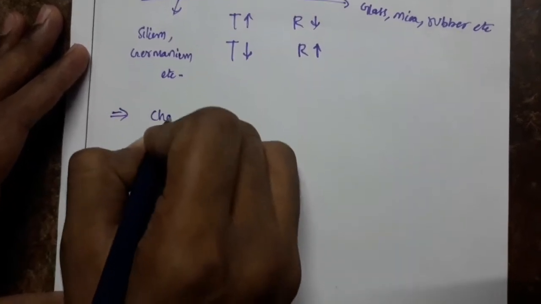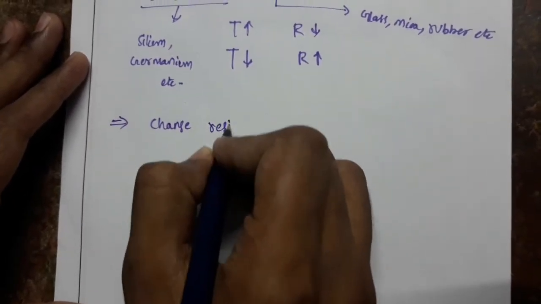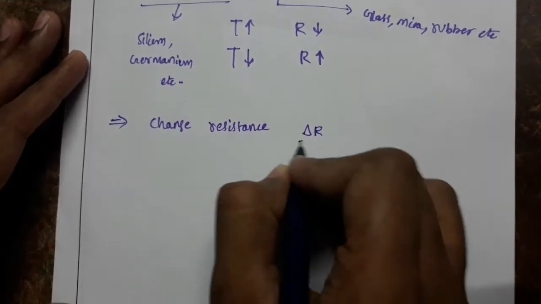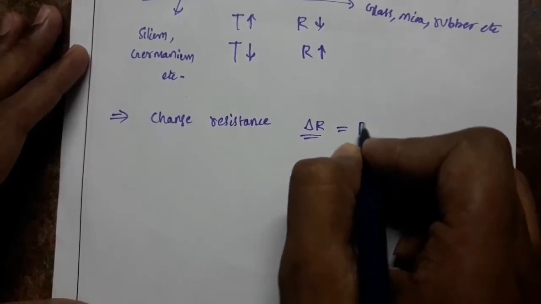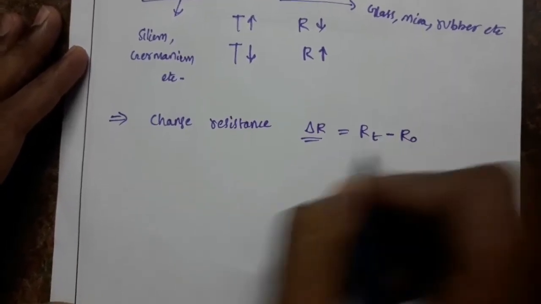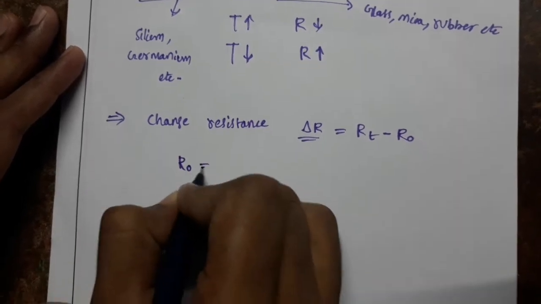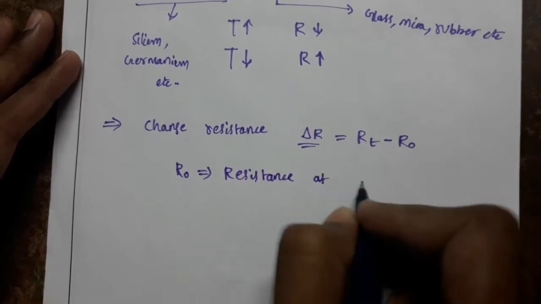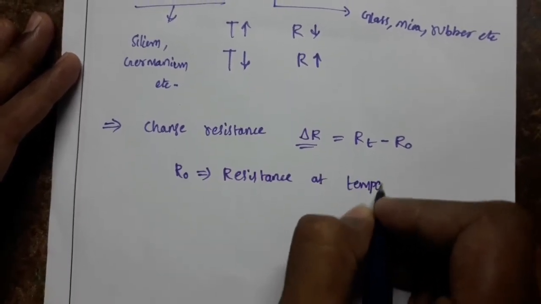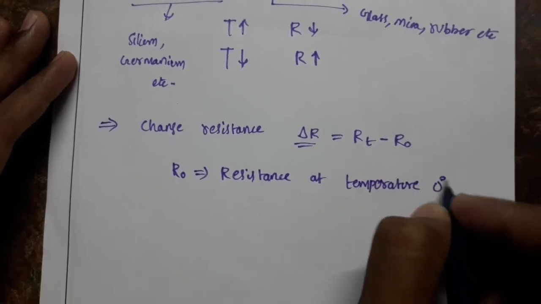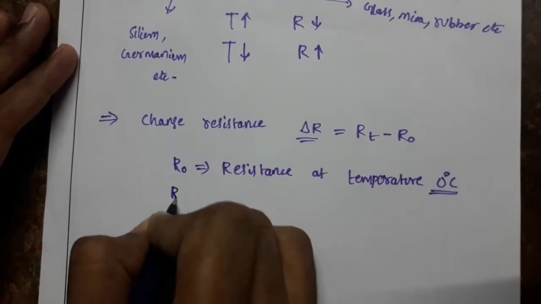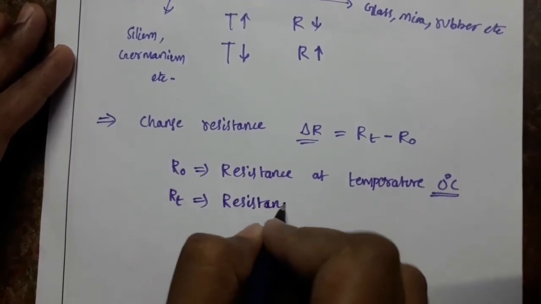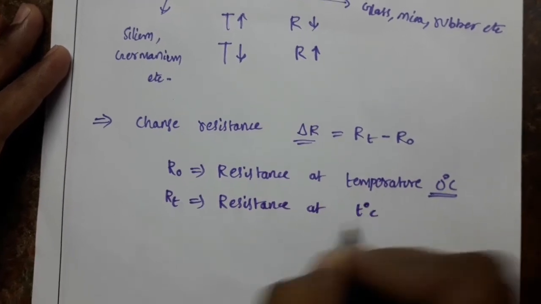Coming to the change of resistance. Delta R is equal to RT minus R naught, where R naught represents resistance at 0 degrees centigrade, and RT indicates resistance at T degrees centigrade.